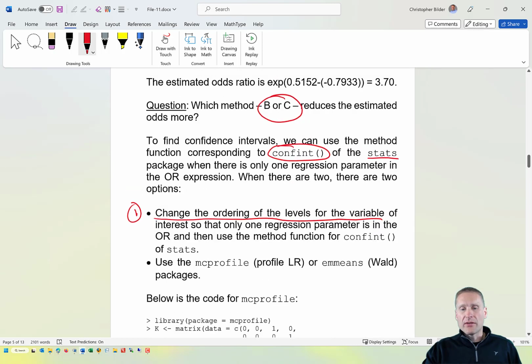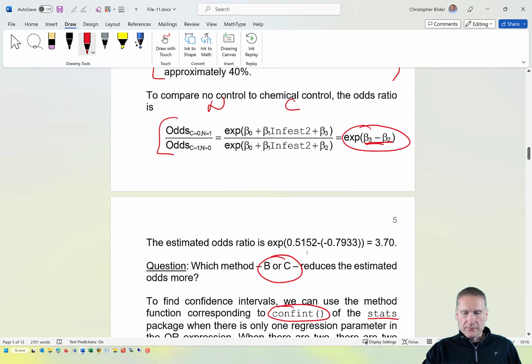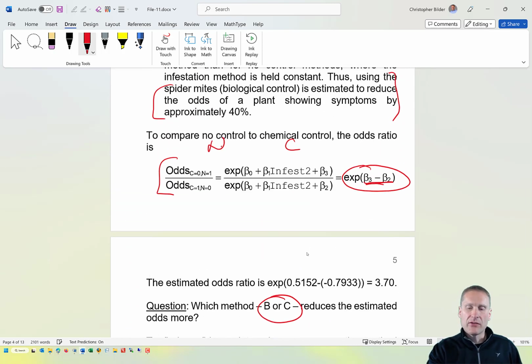For example, in this particular case, when I was comparing N to C, how about we make C the base level, so that then for the beta hats that I get out, I only need to look at the one corresponding to the N indicator variable to get my estimated odds ratio, and then use confint to get the profile likelihood ratio interval. Try that on your own to make sure that you can do that.